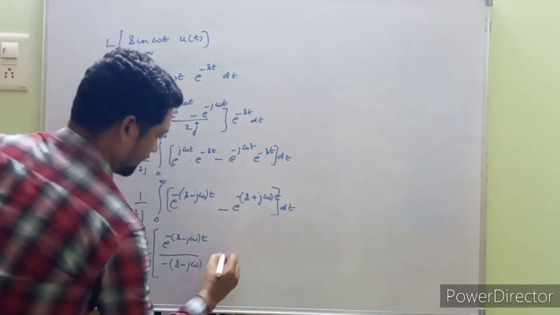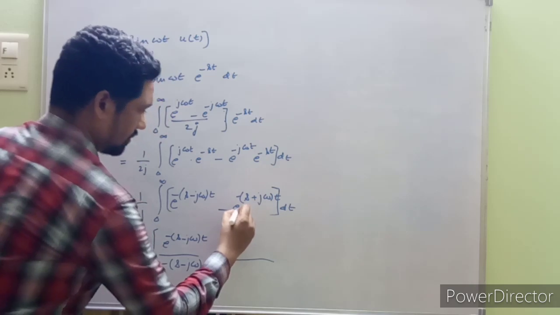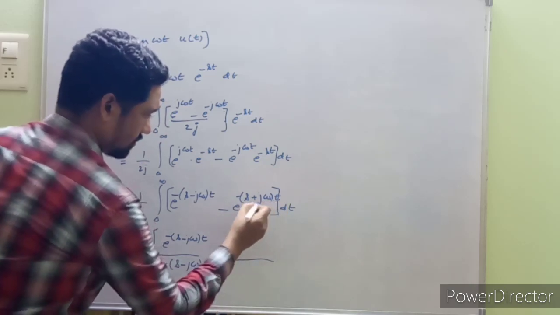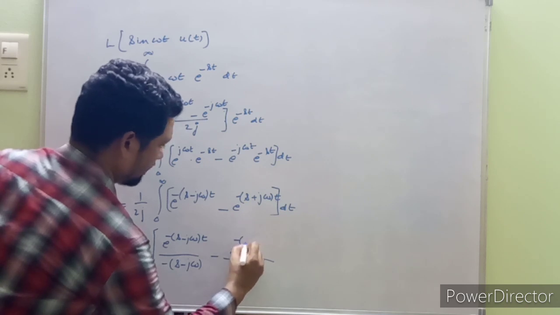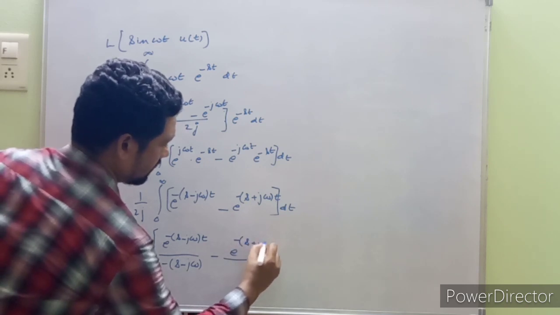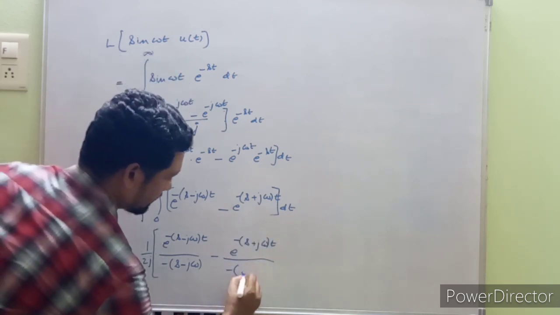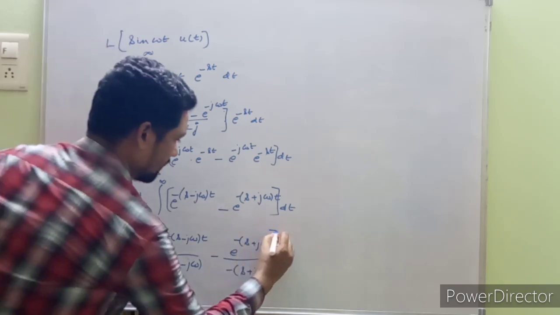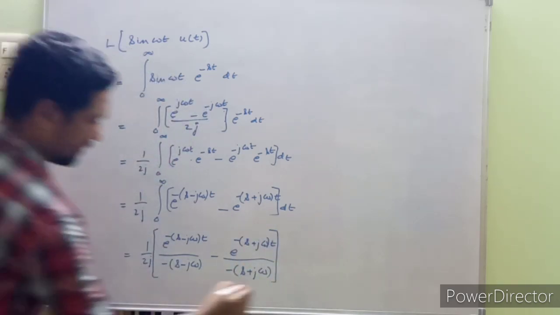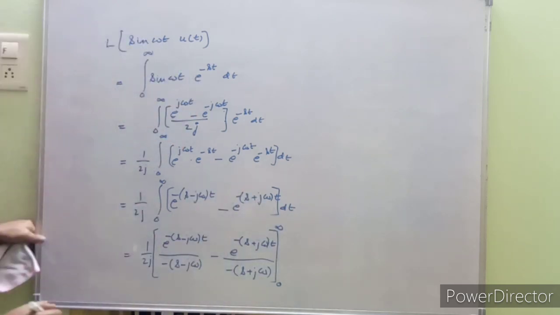Minus, even this one, integration with respect to t, so this is the constant that comes down: e raised to minus of s plus j omega into t, and minus of s plus j omega comes down, with 0 as lower limit and infinity as upper limit.